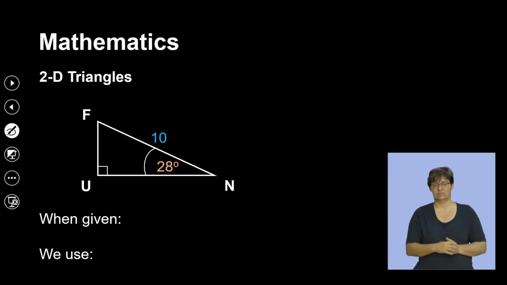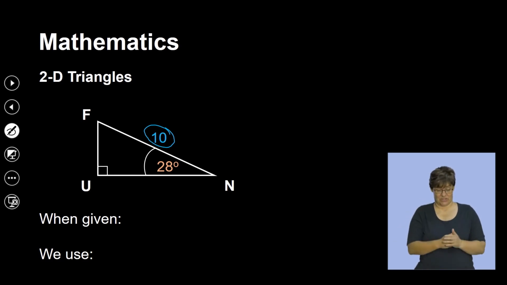Now, we looked at the 2D triangles. And with 2D triangles, I said to you, when you are given something, there is something that you need to use. So here, I'm given the hypotenuse side.